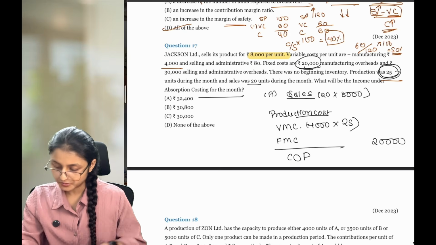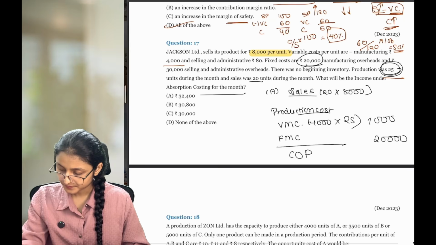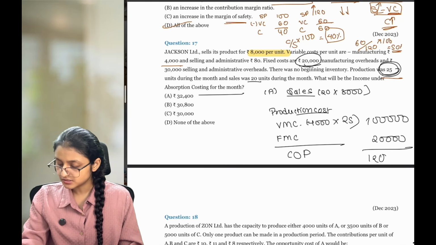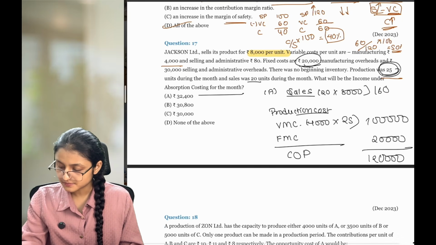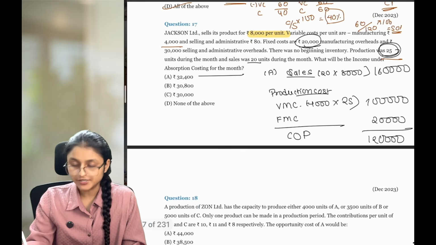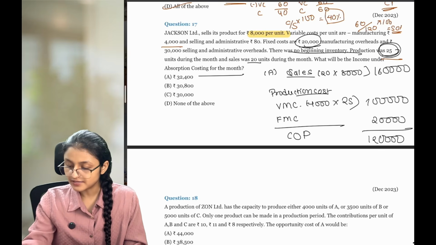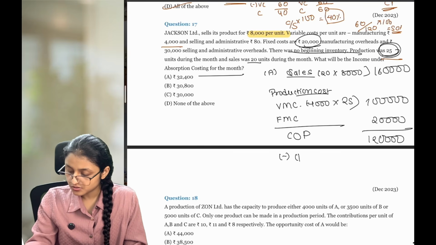This will give you cost of production. So 4,000 into 25 is equal to 1 lakh rupees. 1 lakh plus 20,000 is 1,20,000 and the sales is 1,60,000 rupees. After cost of production, we are going to calculate cost of goods sold by adjusting our opening and closing stock of finished goods. There is no opening stock, so only closing stock of finished goods is going to be considered here.